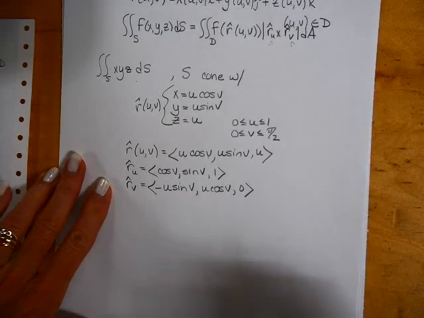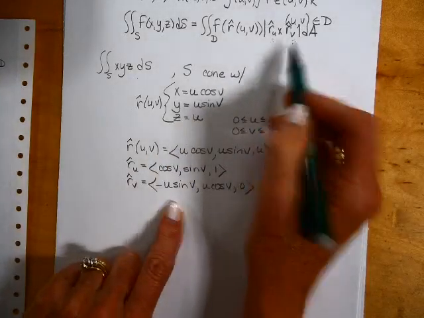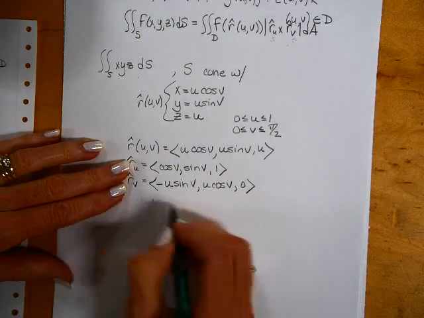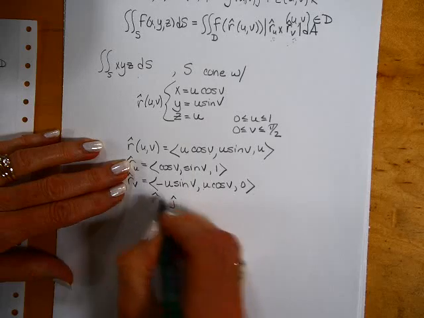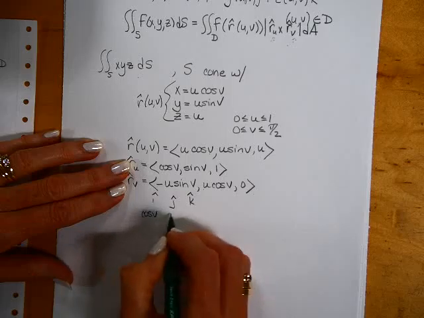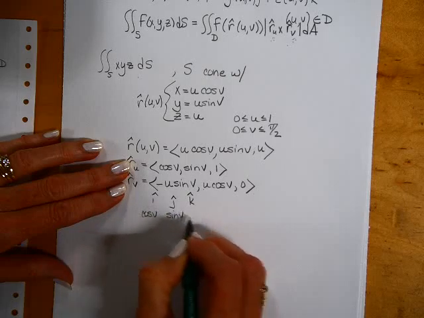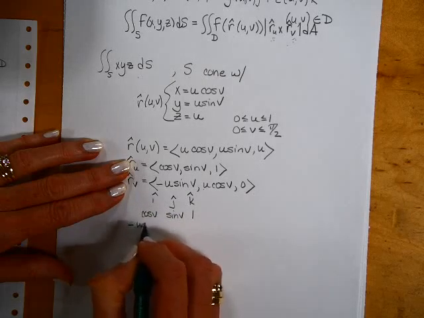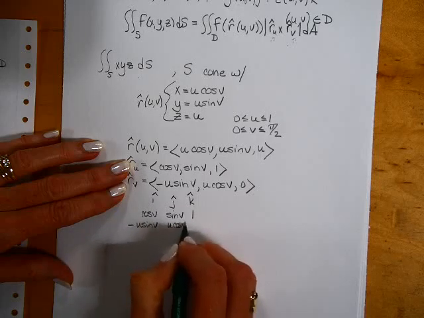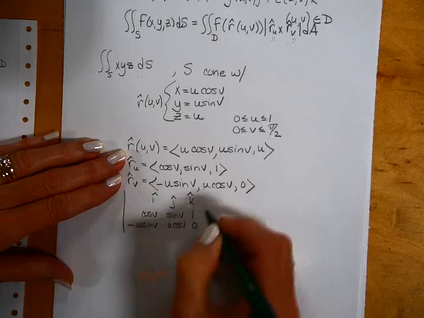Okay, y'all following me? All right, then for my formula, I need to do the cross product of these two. So i, j, k; cosine v, sine v, 1; negative u sine v, u cosine v, 0.